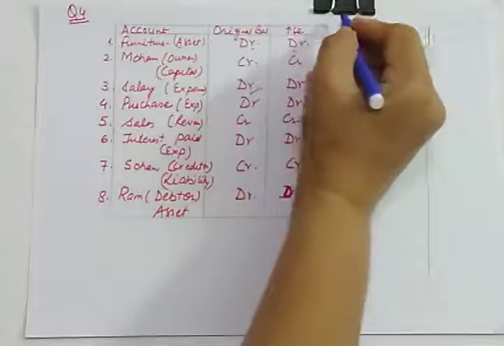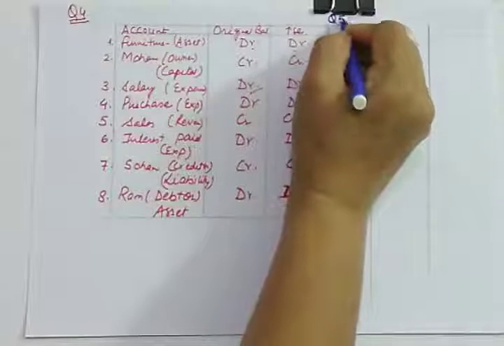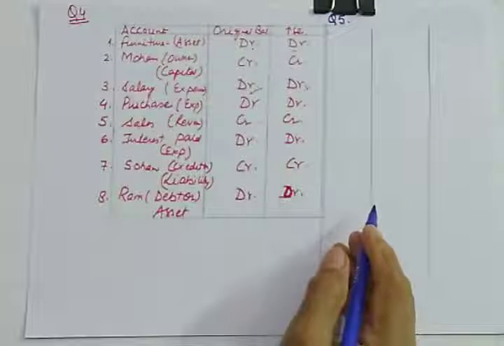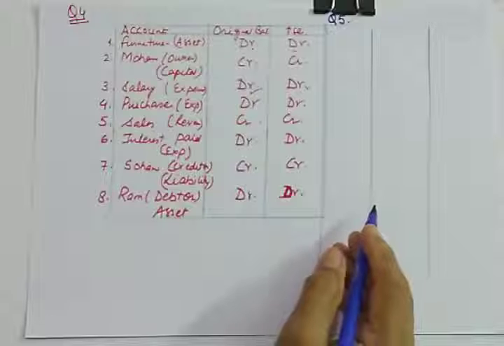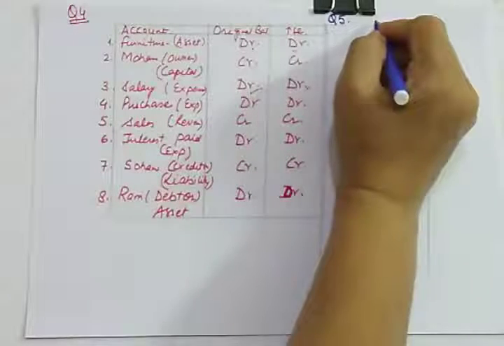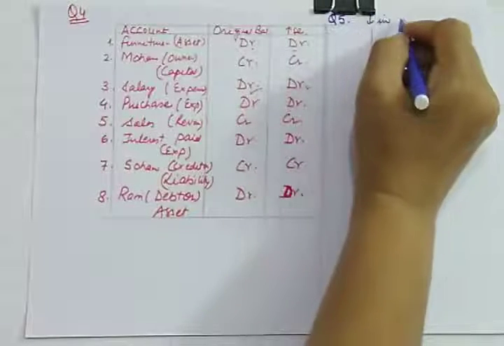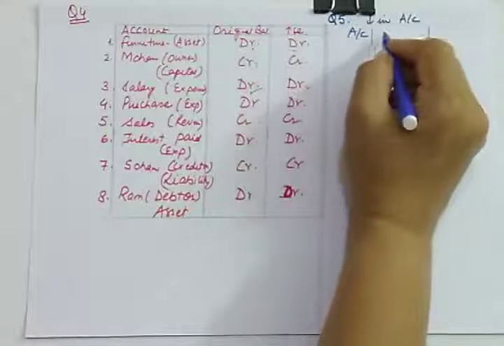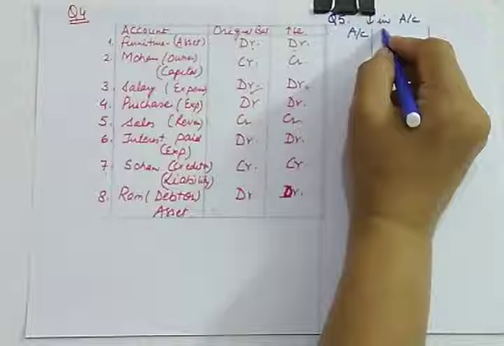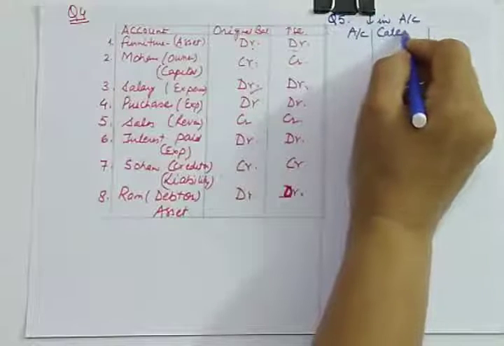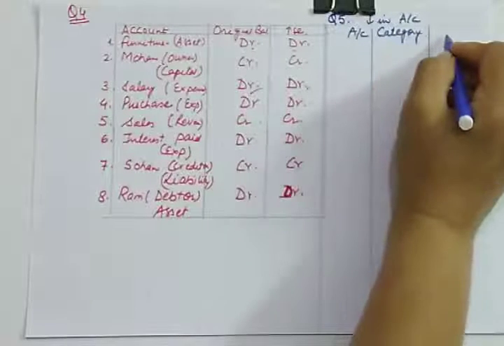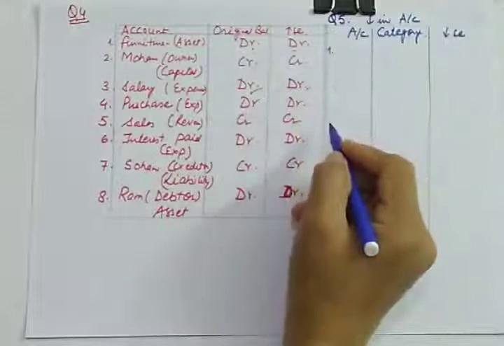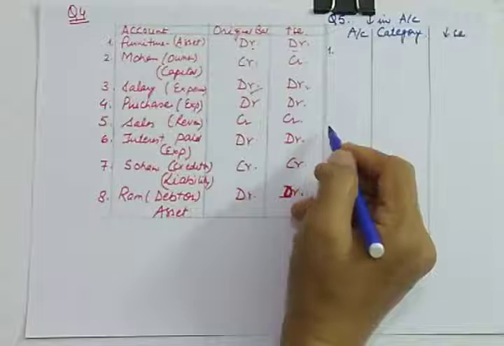So what I am required to show is the decrease in the following accounts. Here you have the account, and you can write the category if you wish, and then the decrease.